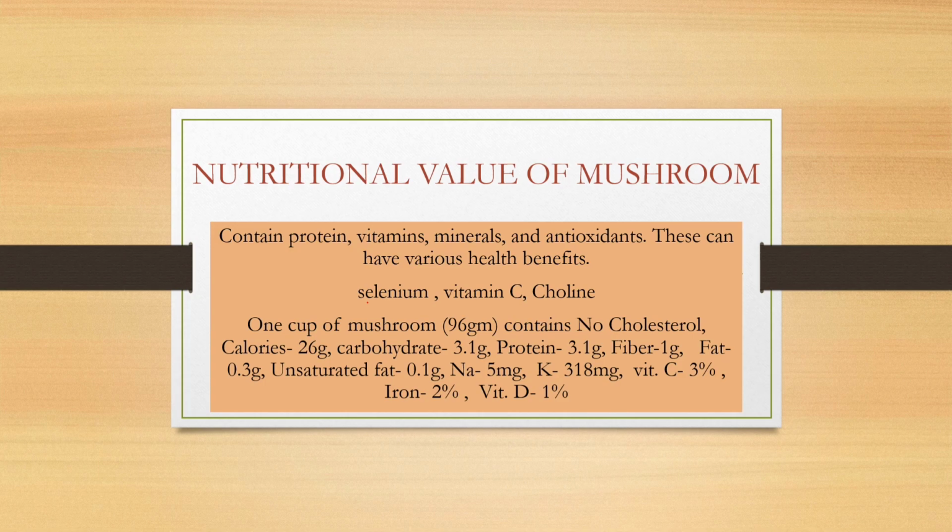Among the antioxidant agents in mushrooms are selenium, vitamin C, choline. One cup of mushroom contains no cholesterol, calories 26, carbohydrate 3.1 gram, protein 3.1 gram, fiber 1 gram, fat 0.3 gram, unsaturated fat 0.1 gram, sodium 5 mg, potassium 318 mg, vitamin C 3%, iron 2%, and vitamin D 1%.